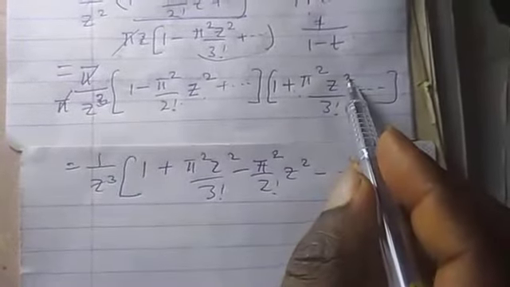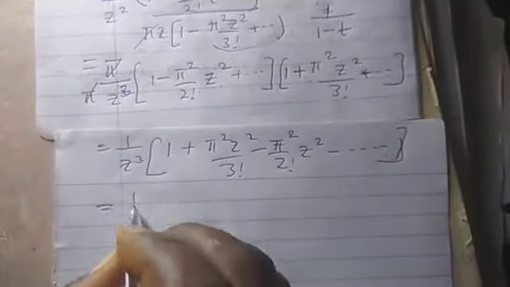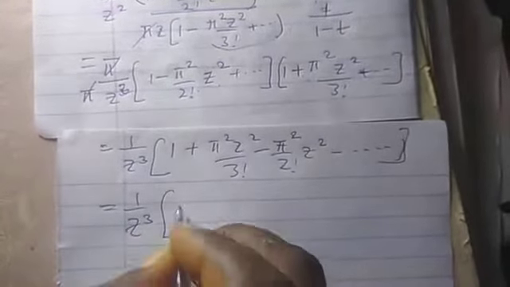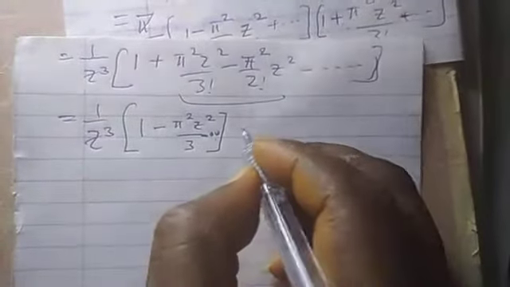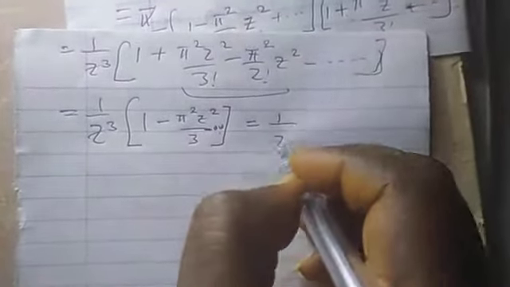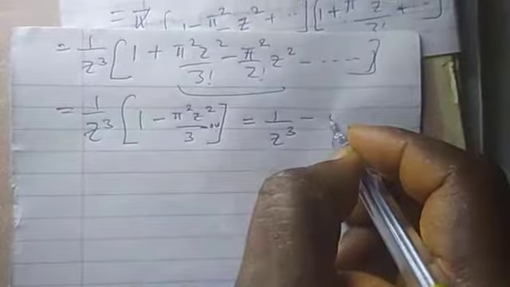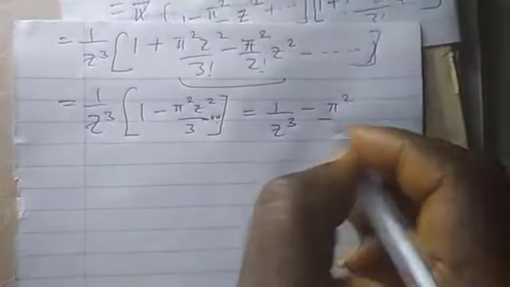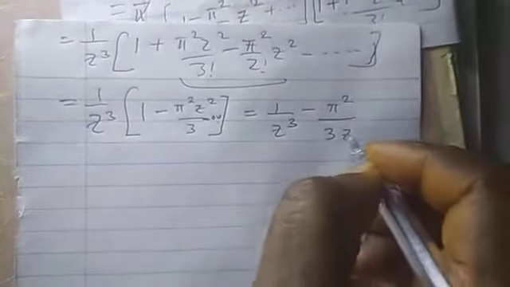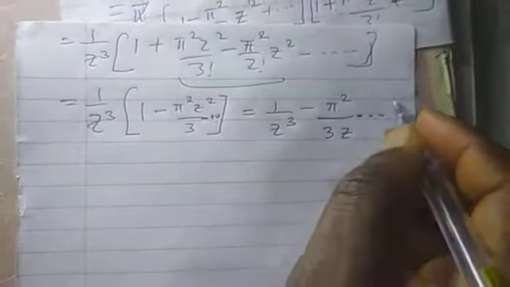We'll multiply this, that will be z raised to power 4. We don't need it. So it will be plus higher terms. We cannot simplify those, but let's simplify these two. When we simplify, this is equal to 1 over z cubed minus pi squared over 3z minus infinity.